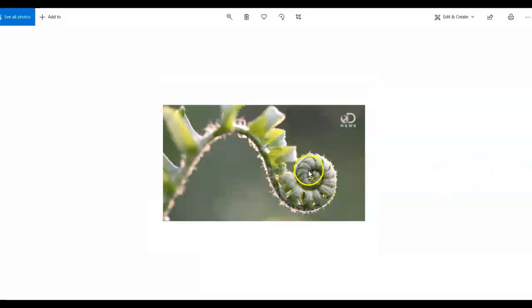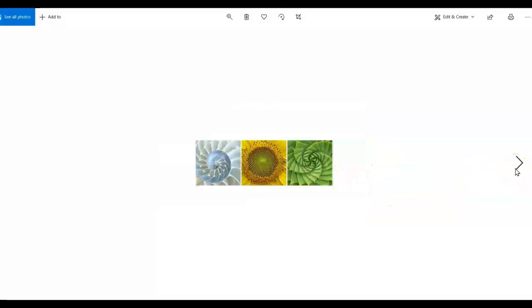I think the Greeks started studying this because they kept seeing the same ratio, the same sequence in nature. So it's that same ratio that we see in this fern, shells, sunflowers, some kind of succulent. It shows up in nature, and I think people went, aha, yes, the golden mean, the golden ratio.